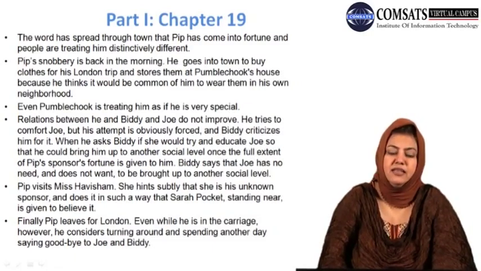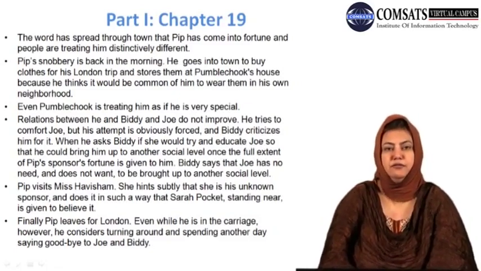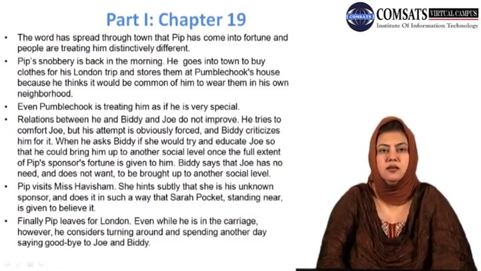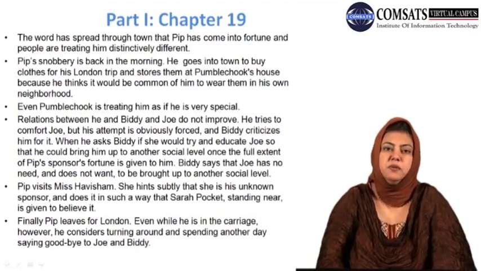Biddy clearly and emphatically mentions that if Pip wants Joe to get education, this is not possible because Joe is not interested, and he is actually not interested in raising his social status. Another important thing with reference to Pip's request, or suggestion, to Biddy, is that again this shows Pip's selfishness. He wants to do this for a particular purpose. This is for himself.